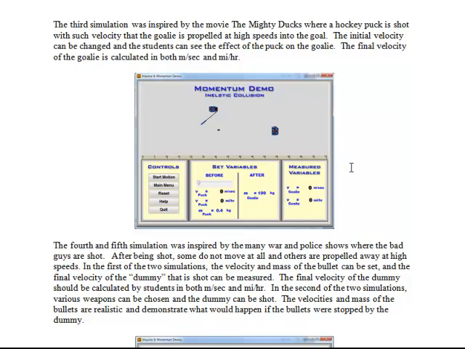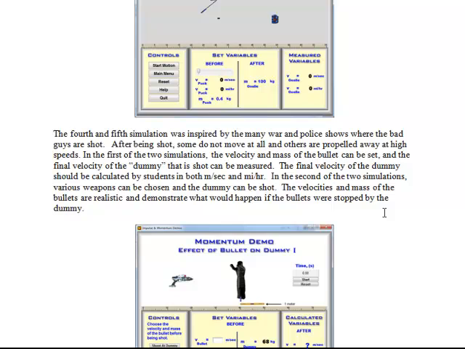Is that realistic or not? So we can look at a number of different velocities of the puck, knowing what its actual mass is, and see exactly what kind of reaction we can expect to get out of the goalie, and how fast the puck would have to be going in order to get the goalie to go flying off in the other direction.